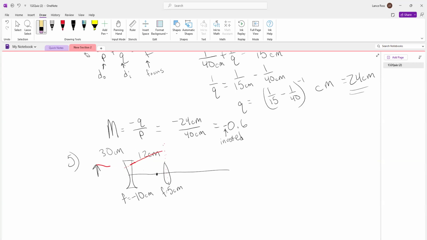So this really should have been to scale too. All right, that looks pretty good to scale. 5 to scale out of that would be about here. So this would be F2 and this would be F1 because they're 12 centimeters apart.